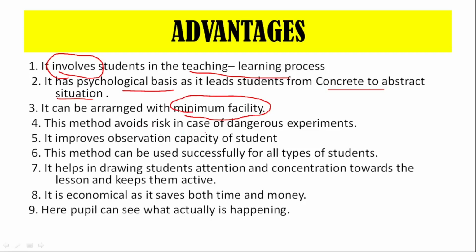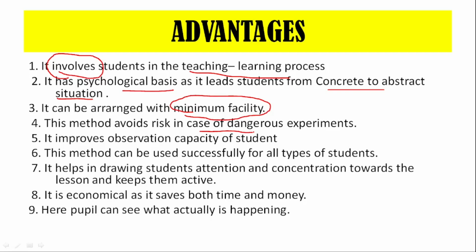This method avoids risk in case of dangerous experiments. If we give the experiments in the hands of students only, there may be a chance of danger occurring. So by demonstrating earlier, by the teacher only, he can avoid the risk in case of dangerous experiments.